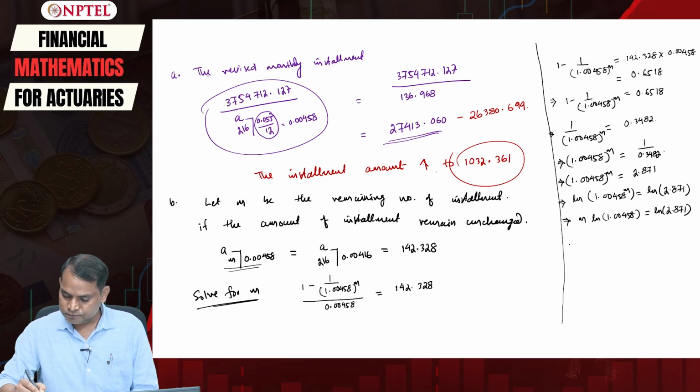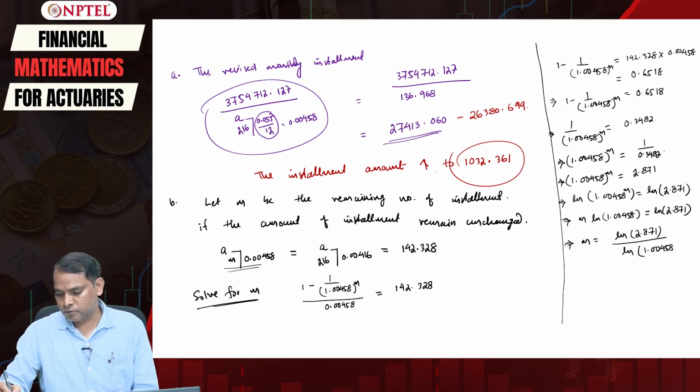And then therefore we can compute M is equal to log of 2.871 divided by log of 1.00458.